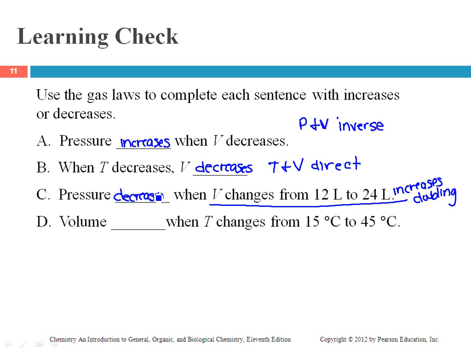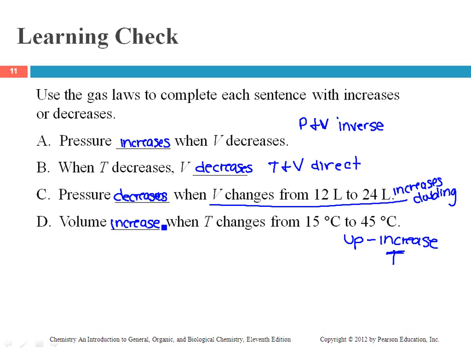D: volume blank when temperature changes from 15 to 45 degrees. The temperature is going up, so we have an increase in T. We know that volume and temperature have a direct relationship, so the volume also increases.